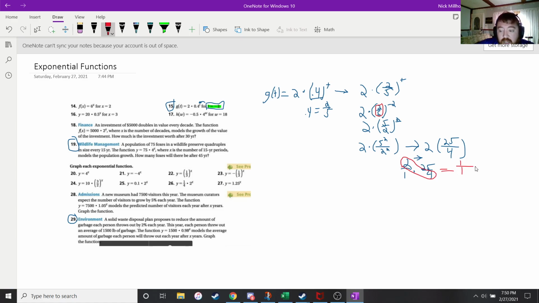So 1 over 1 times 25 over 2, which equals just 25 over 2. And then if you want to get technical, make it into a mixed number. And our final answer is going to be 12 and 1/2. So this is all to number 15.